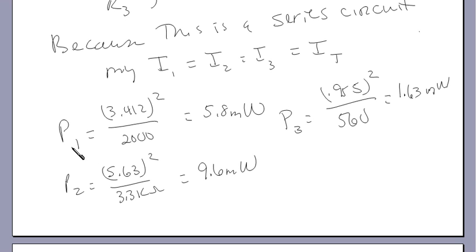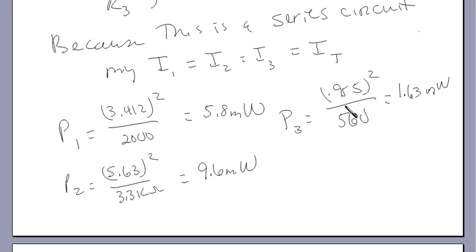So if I use my voltage formulas, I can go V squared over R. I just take my V1, that was my 3.4, divided by R1. I get 5.8 milliwatts. Power 2 is the voltage drop across resistor 2, which I calculated to be 5.63 squared, divided by 3300, which is my 9.6 milliwatts.